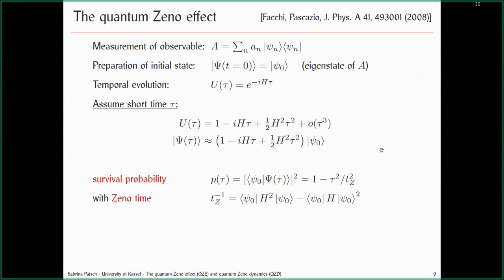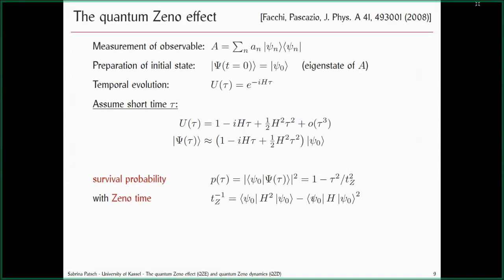And then we can ask ourselves the question, how large is the probability that we are still in the initial state? This is called the survival probability, and it is given by simply projecting the state after the propagation time tau onto the initial state. By simply evaluating that, we find this expression here. We see that the probability is given by 1 minus tau squared, the time in between two measurements, over the so-called Zeno time. And the Zeno time is simply defined as given here in the lower line.